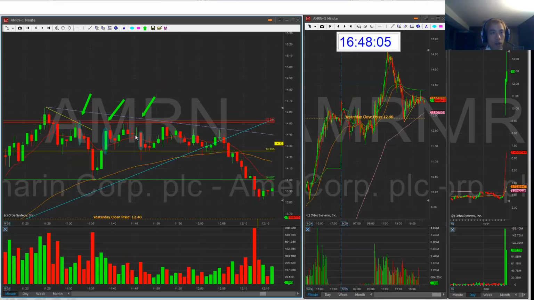I took this short here right as it broke the previous green candle's low, okay, and basically rode it and paid myself on this dump at the same time. So I shorted here, paid myself here, and watched it go make a lower high.